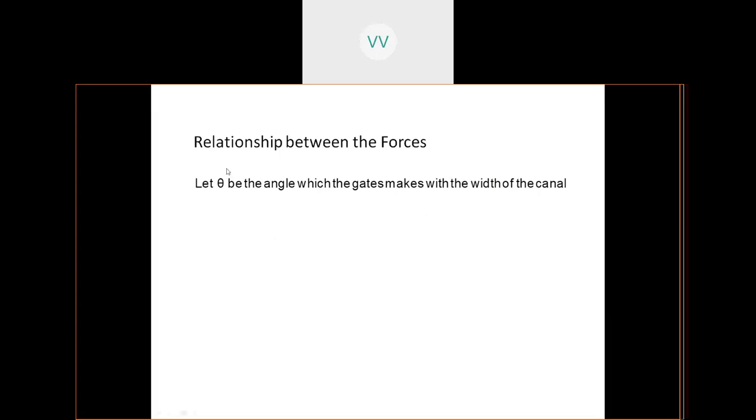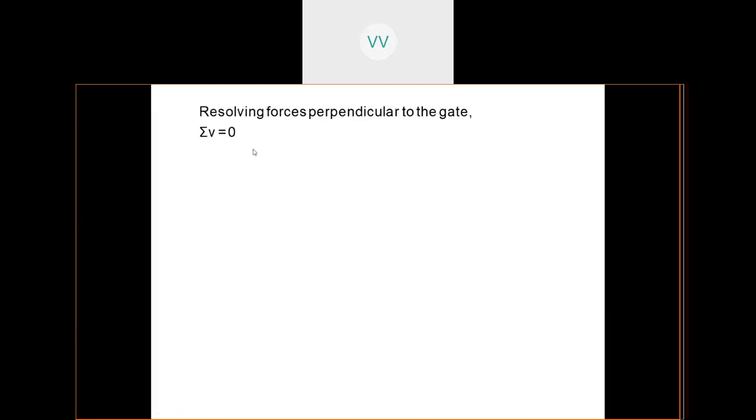So let theta be the angle which the gates make with the width of the canal. So resolving forces parallel to the gate, sigma H is equal to 0. That means T cos theta is equal to R cos theta. So T is equal to R. Now resolving the forces perpendicular to the side of the gate, we have sigma V is equal to 0.